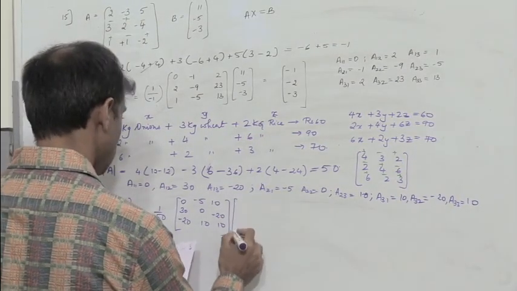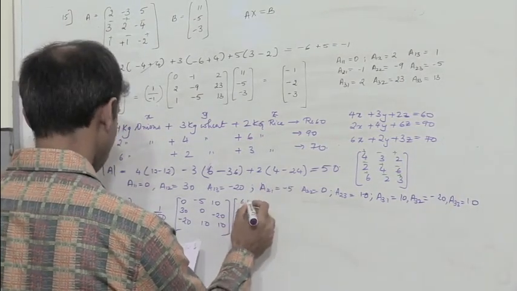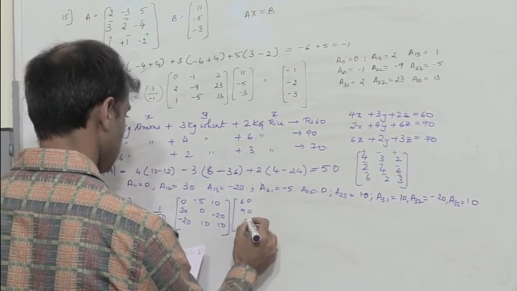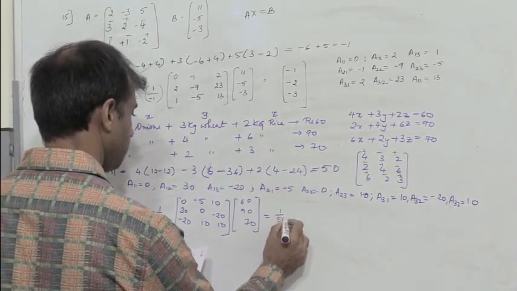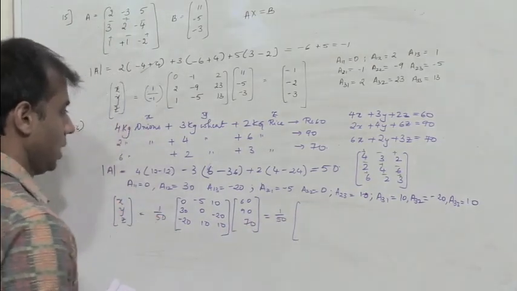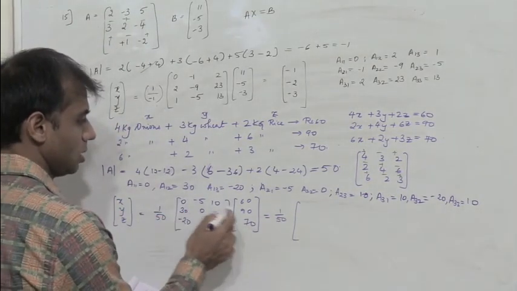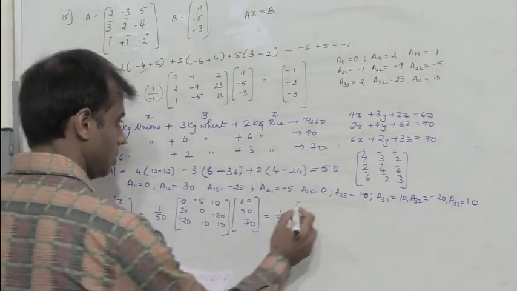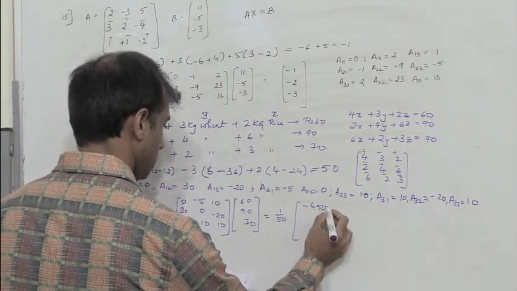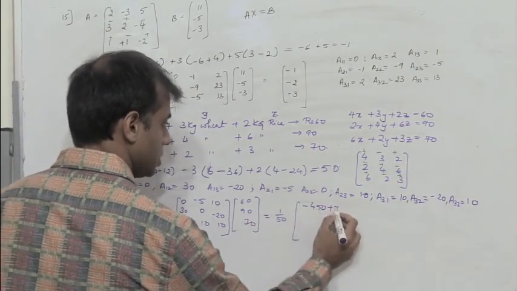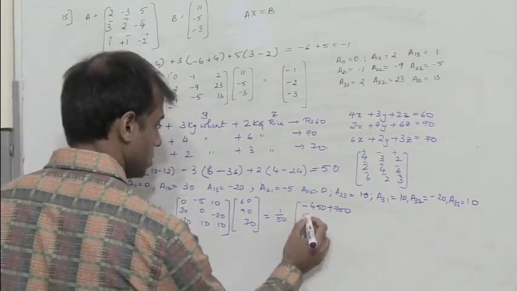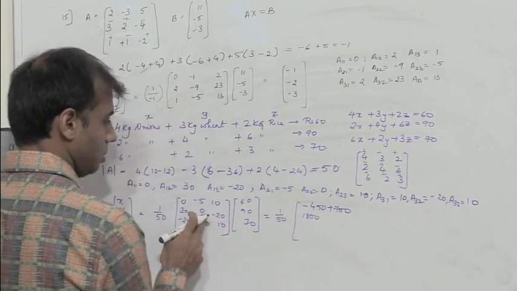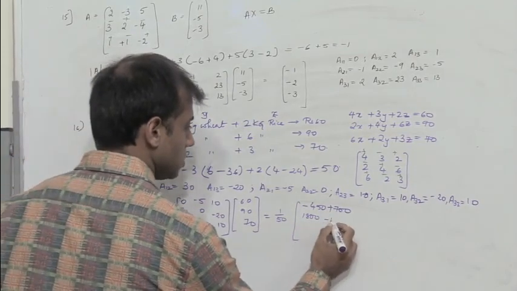And then into B, so B happens to be 60, and then 90, and then 70. So we have 1 by 50 into, so I get 0 into 60 minus 5 into 90, which is minus 450, plus 10 into 70 is 700, and then we have 30 into 60 is 1800, plus 0 minus 1400.